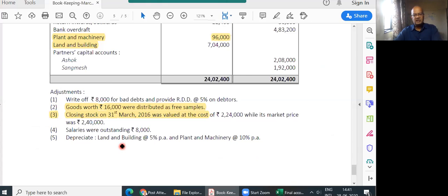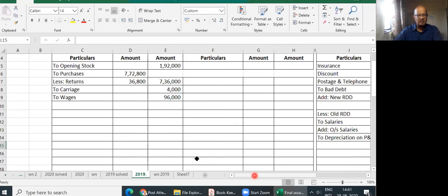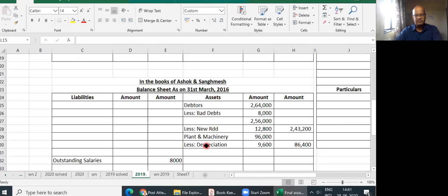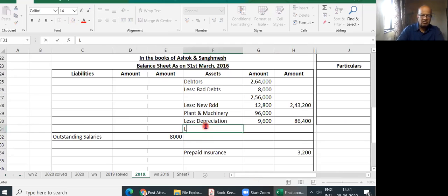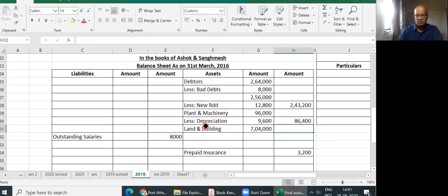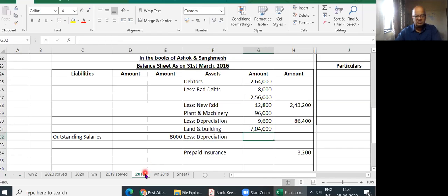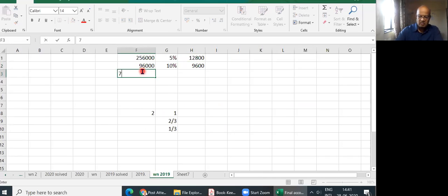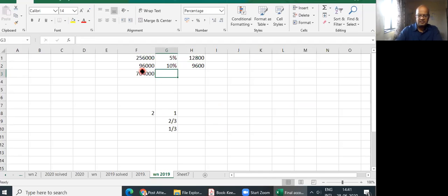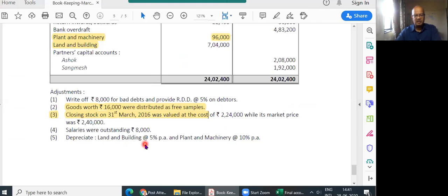Then second we have land and building 7,04,000. Less depreciation. The depreciation rate is 5% on land and building.